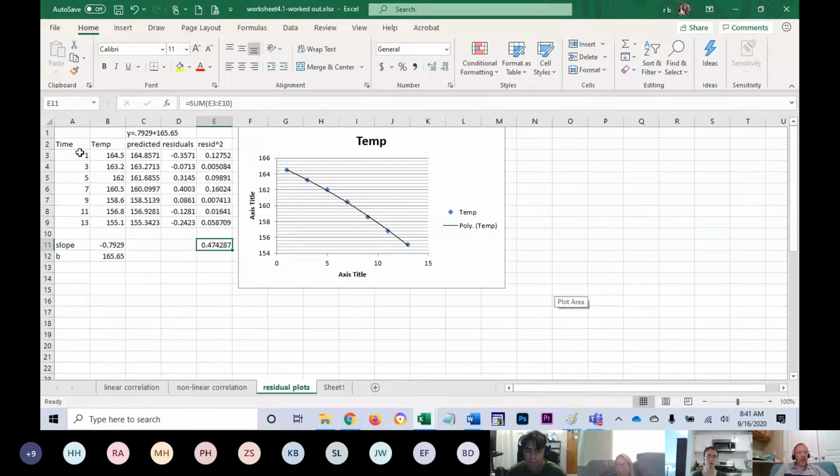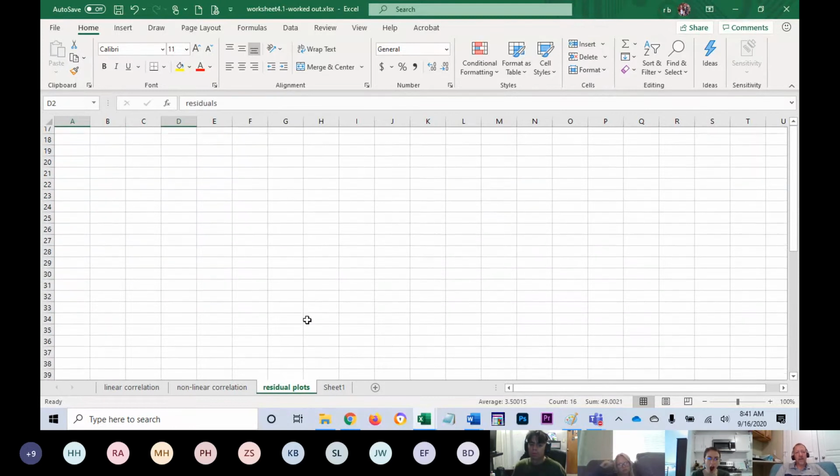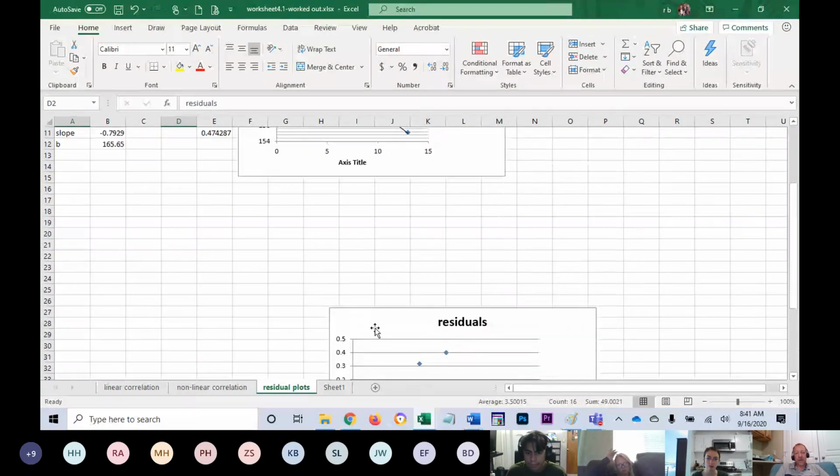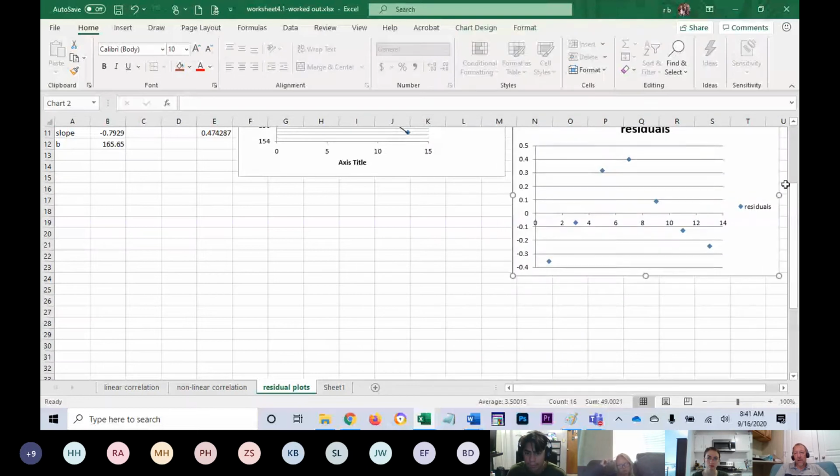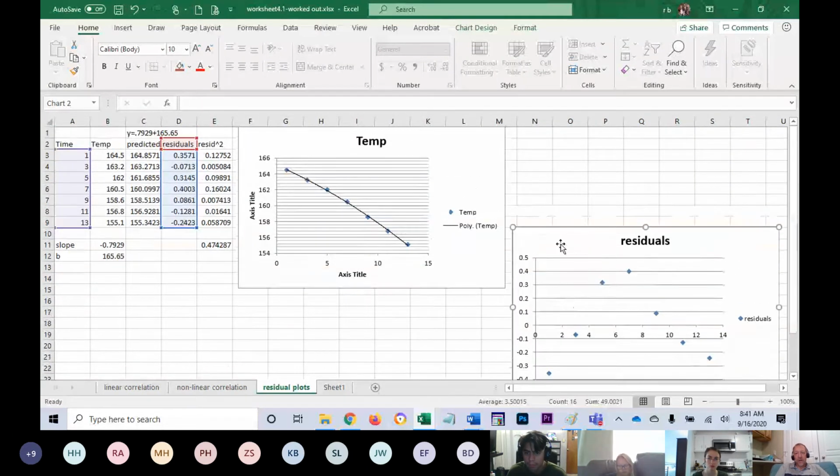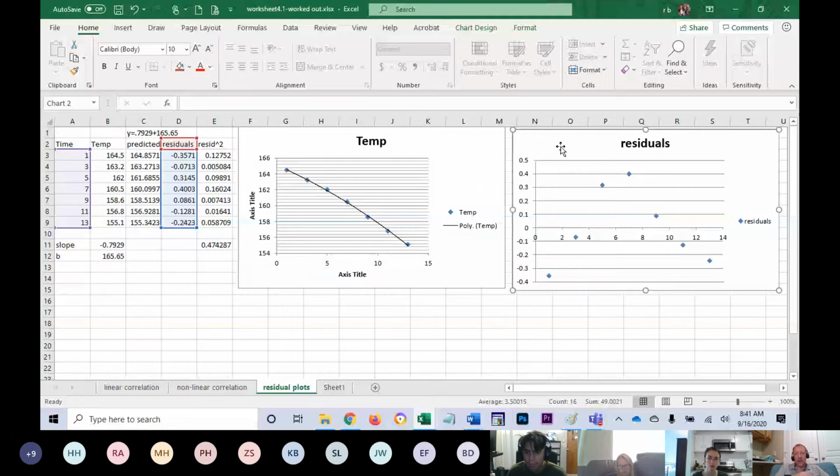However, when I plot, in this case, the time versus the residuals, that actually gives me this graph down here. Does this graph look like a null plot?